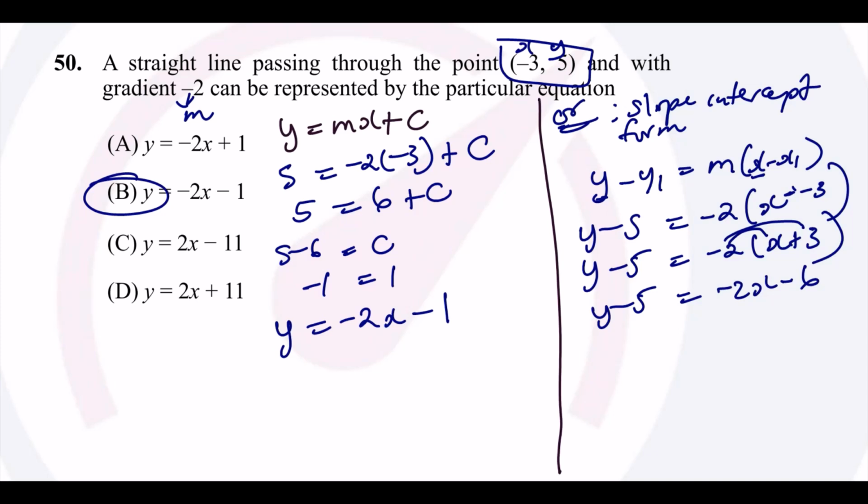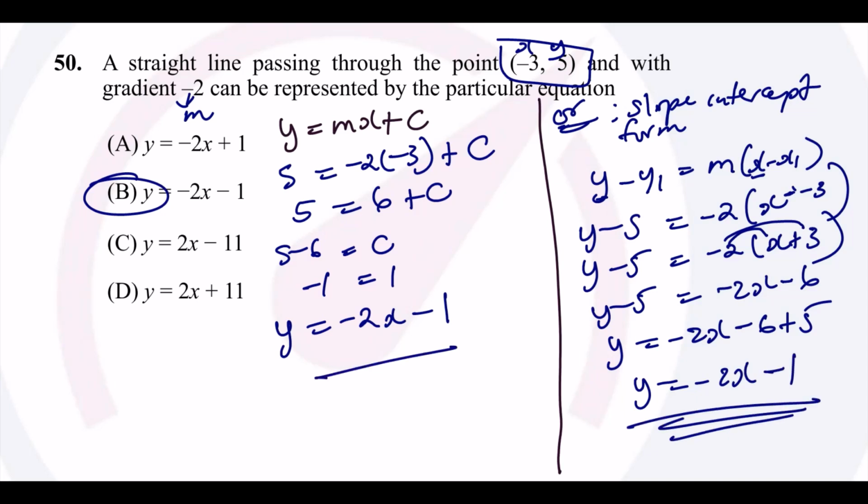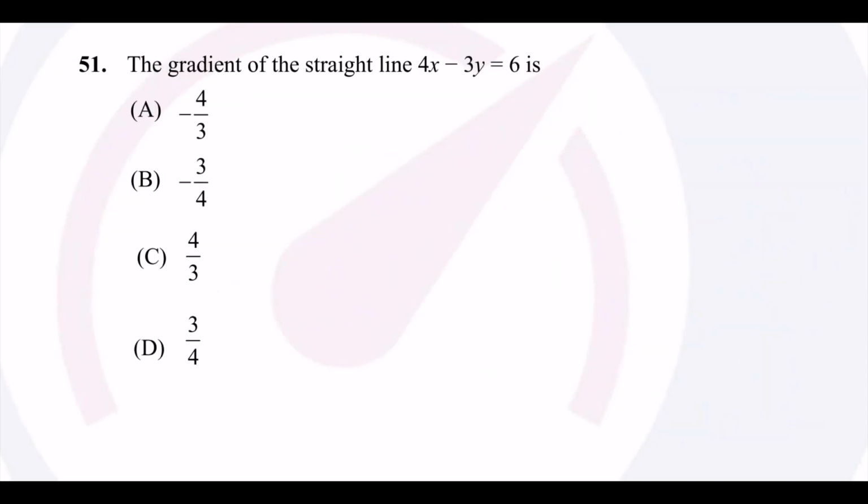So we have y minus 5 is equal to negative 2x minus 6. Add 5 on both sides. So plus 5, we have y is equal to negative 2x minus 1. So any method that you want to choose, go ahead and do what suits you.